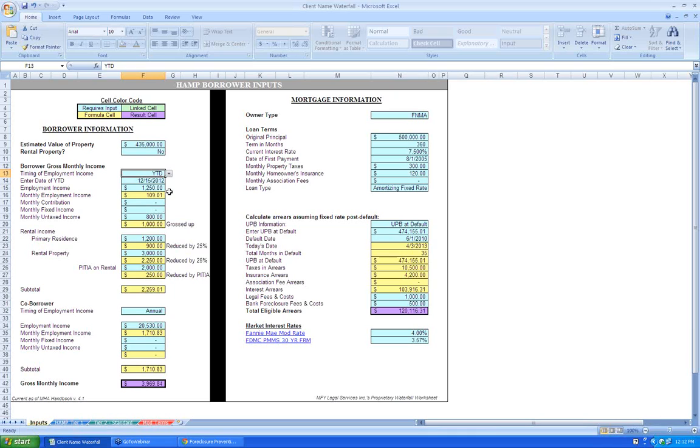A little note on the year-to-date. This is good if you have somebody who has irregular income, they're a profit and loss person, or they have sort of unsteady overtime. Basically, you do year-to-date, YTD, and then the date that they got paid.